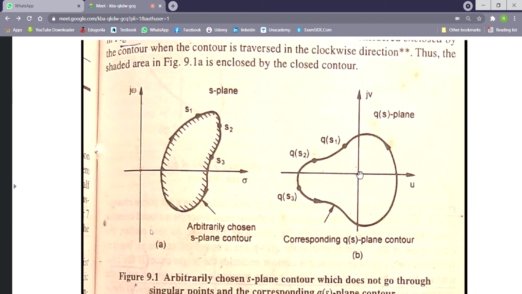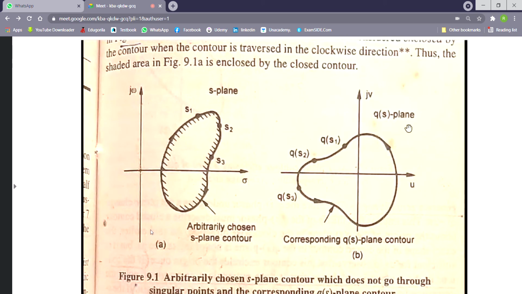Again, follow the cursor. If for this S plane contour, we get a contour on the QS plane, just follow the cursor, which is like this. Again, there is a closed contour on the QS plane, right?